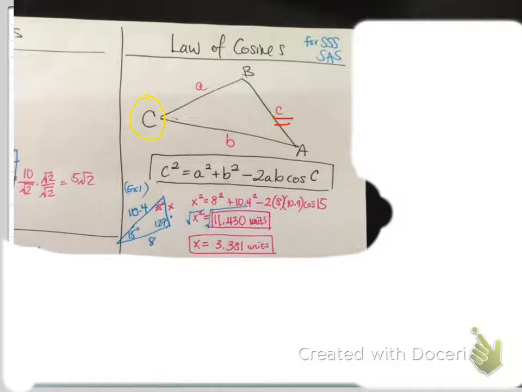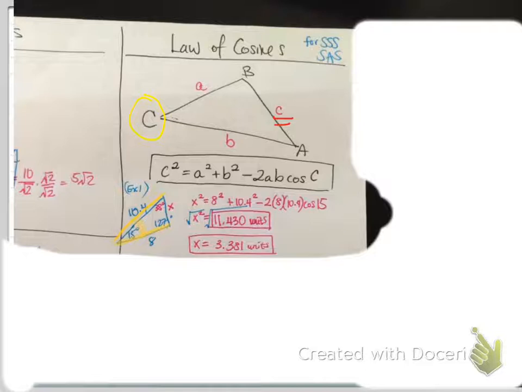What do we have about this triangle? We have a side 8, we have another side 10.4, and we have an angle. So we have SAS. We actually have 2 angles.